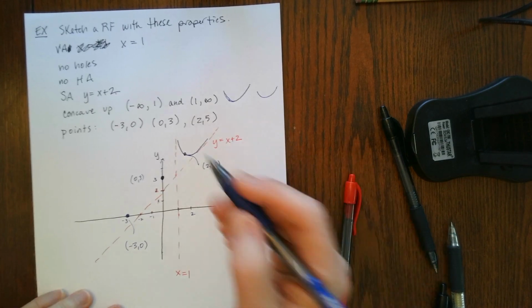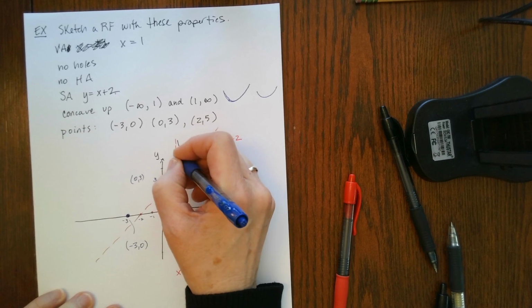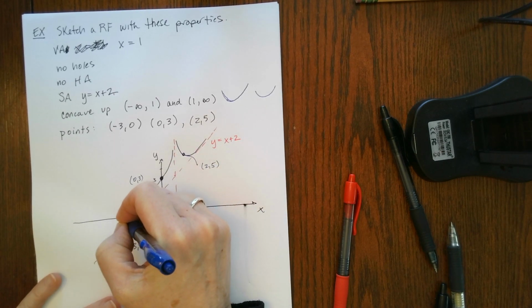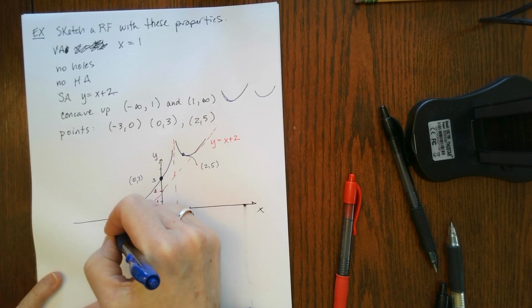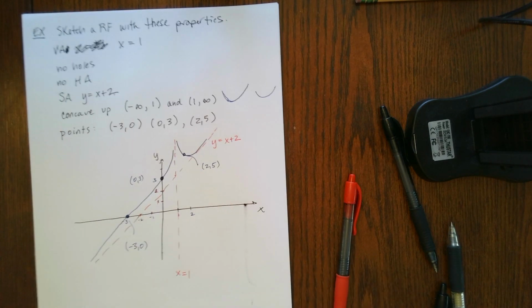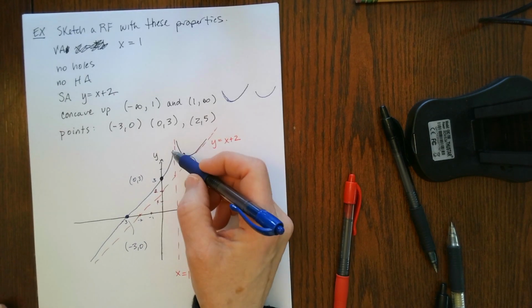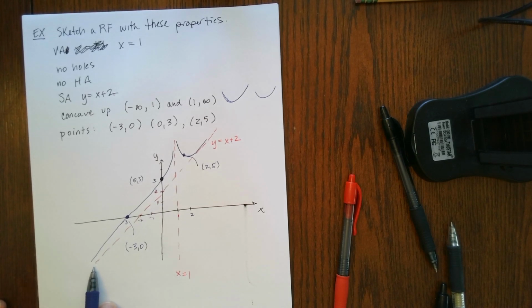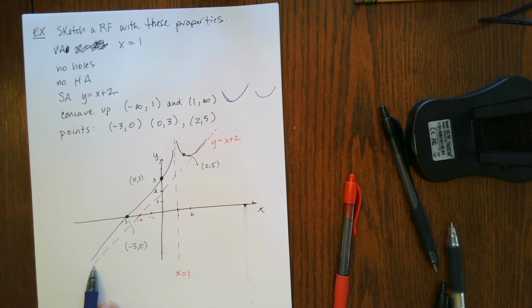And then on the other side, let's draw it like, say, this, okay? It's going down through here, and then it's getting closer and closer to the vertical asymptote, x equals 1, from the left, and then it's getting closer and closer to its slant asymptote as x goes to negative infinity. So the graph might look something like this.